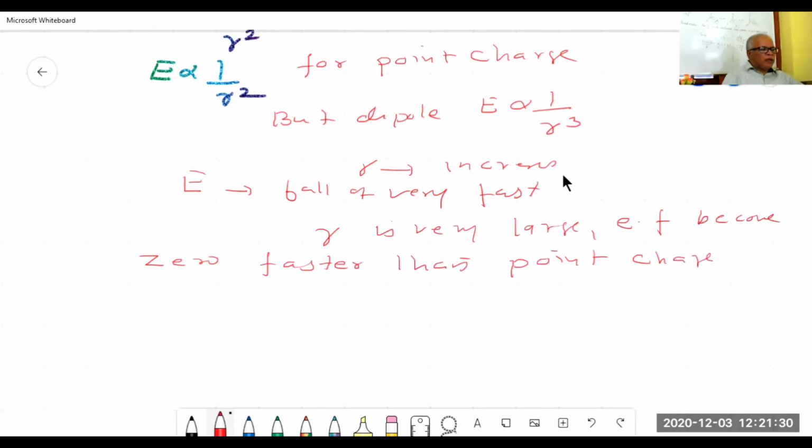So when R is very large, the electric field becomes zero. That is a property of a dipole. When R is much greater than 2A, E comes to zero. What is 2A? 2A is the distance between the point charges. Next video we will see how to derive the relationship.